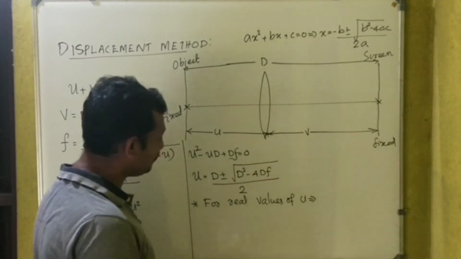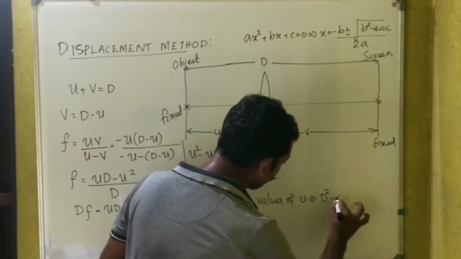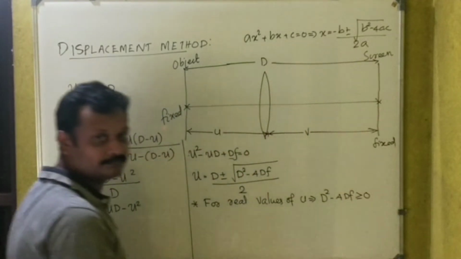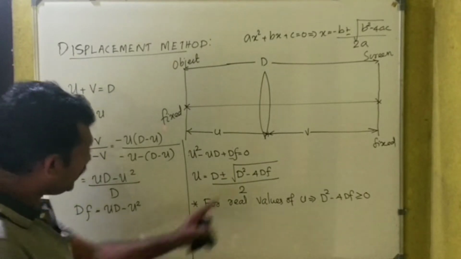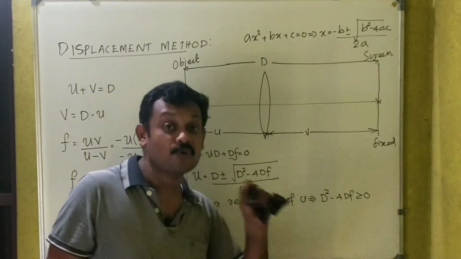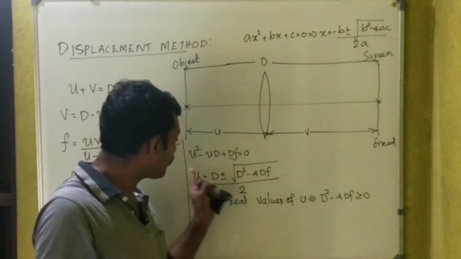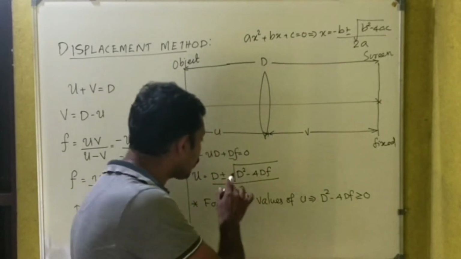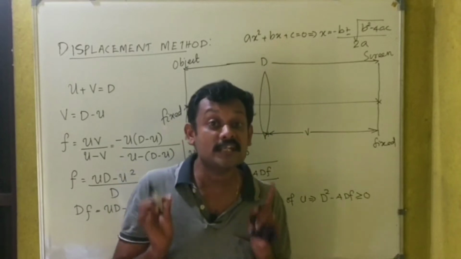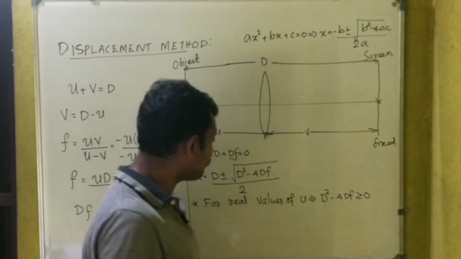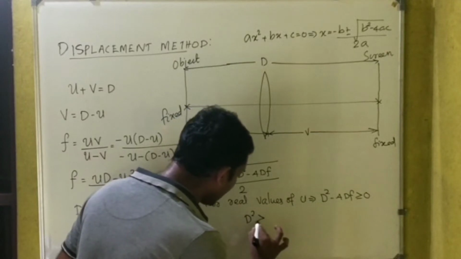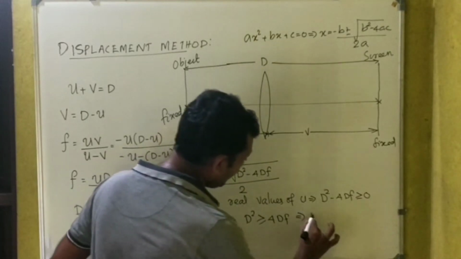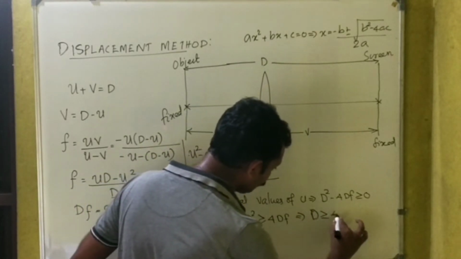D square minus 4Df should be greater than or equal to 0, because for real values of u, the term in the square root must be positive. Which means D square is greater than or equal to 4Df. That implies D is greater than or equal to 4f.